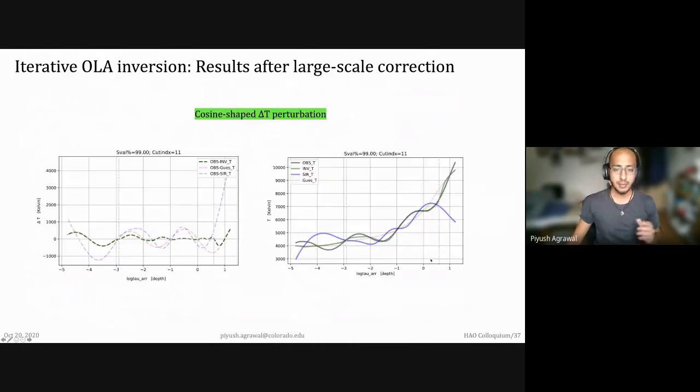One of the other cases I'm putting here is a cosine-shaped perturbation. This is just me trying a slightly exotic regime. So you have the cosine-shaped perturbation, the red curve, in your system. Again, the OLA does a good enough job in the deeper regions, struggles in the shallower ones, while SIR struggles to invert for this cosine-shaped perturbation.